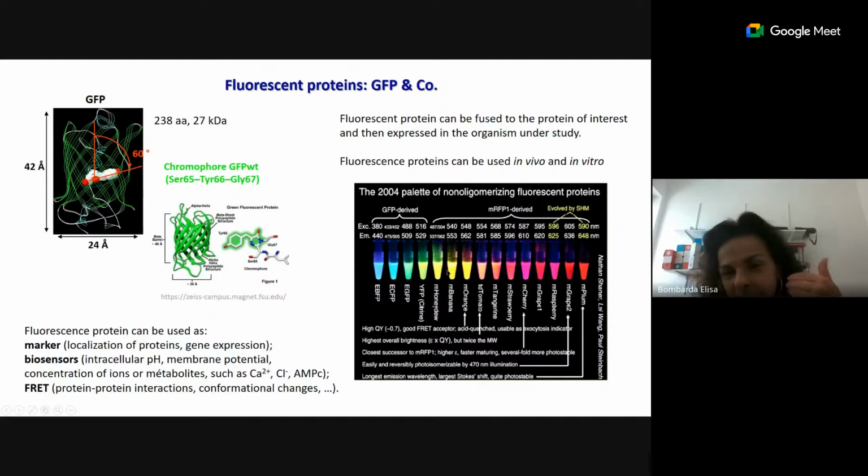So again, practically the same procedure that was done with organic probes, to try to get all the colors possible, and maybe increase the stability, the brightness, improve the quantum yield. So, making a fluorescent protein customized, basically.